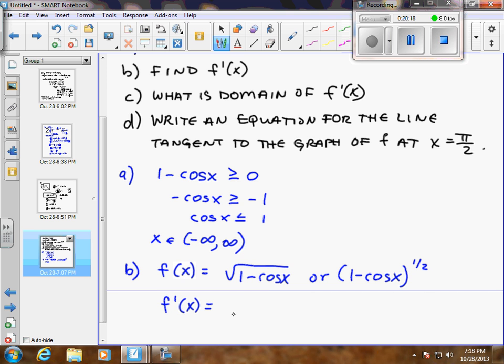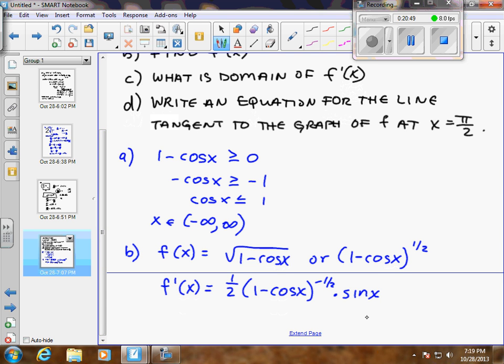Power rule. Not one. Just sine of x. Okay. And that's the derivative, but you're going to have to work with it in part C.